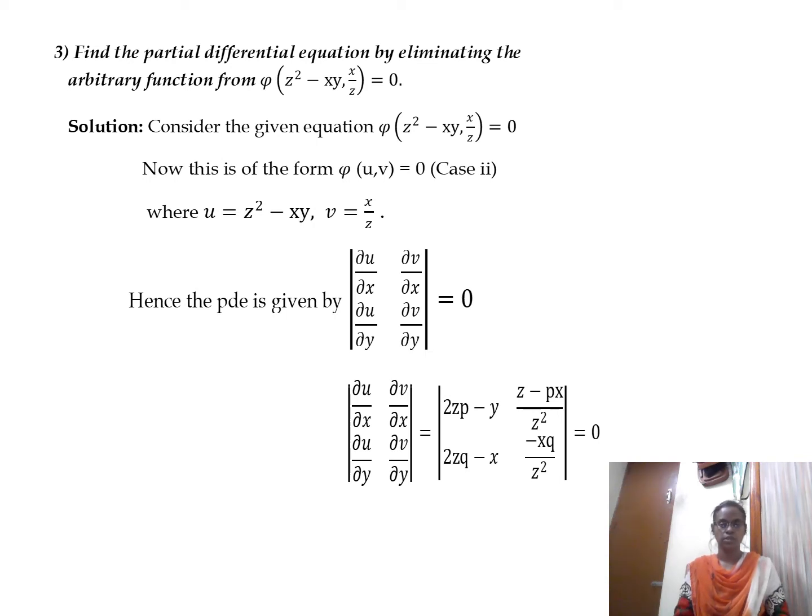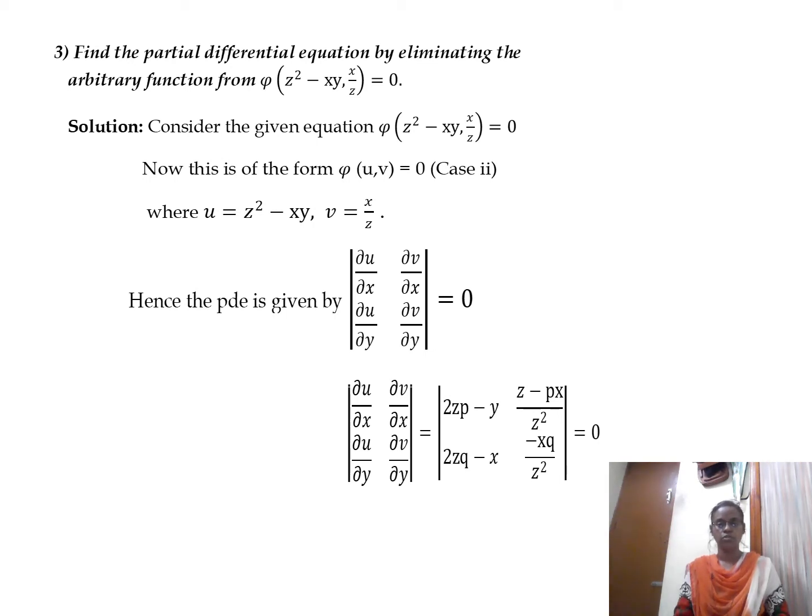On the numerator, what we need to do? Keeping the denominator, first you differentiate the numerator. So keeping z, when I differentiate x, I get 1. So z minus, keeping the numerator x, now differentiate the denominator. Z when I differentiate, I get dou z by dou x, that is p. So that's what we have here, z minus px.